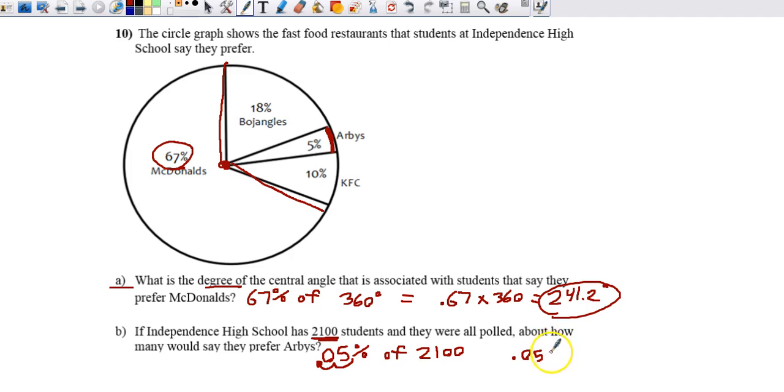Multiply that by 2,100, and you're going to get, hopefully, a whole number, 105. And that represents the number of students.